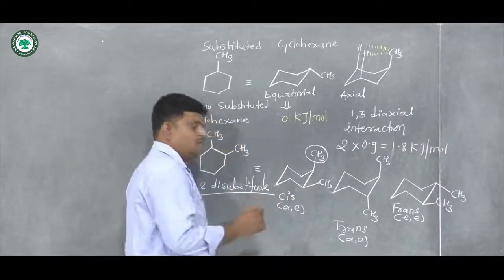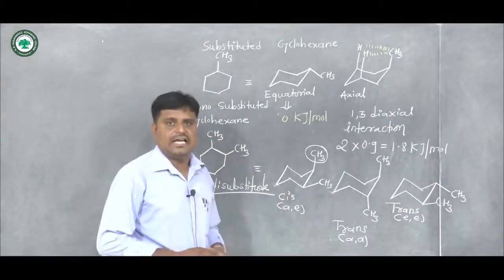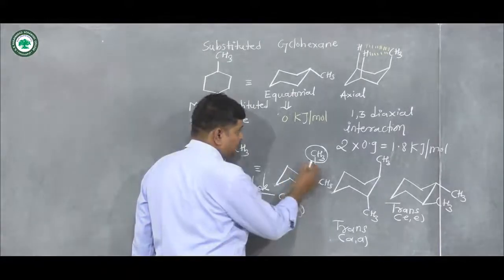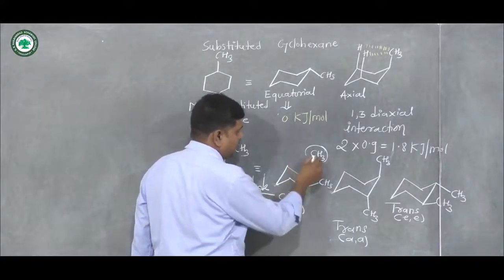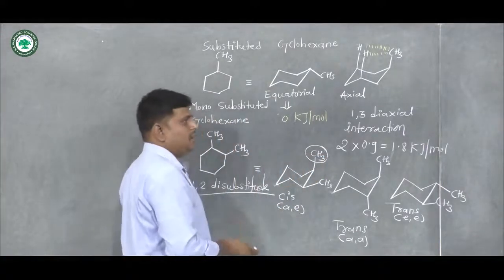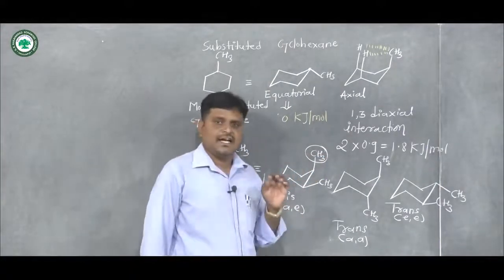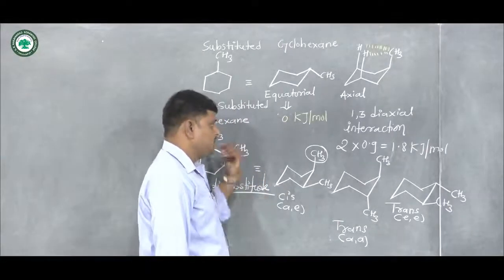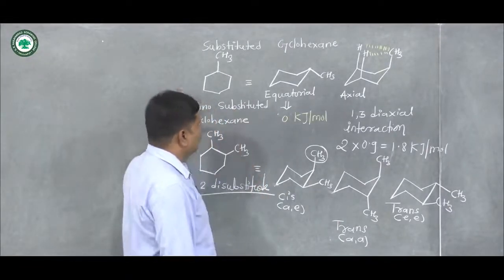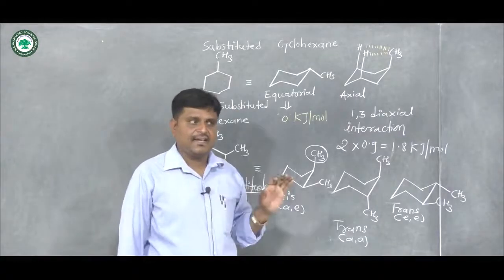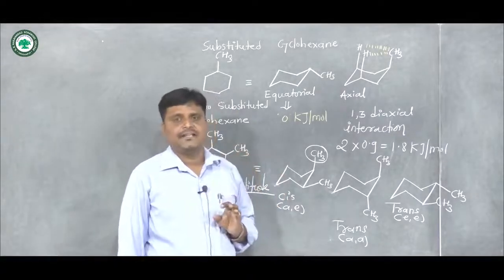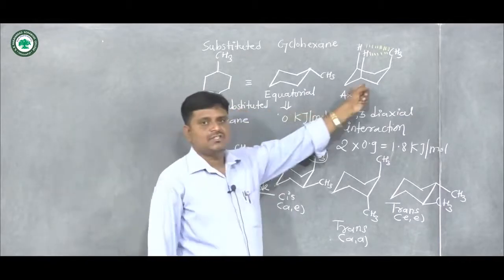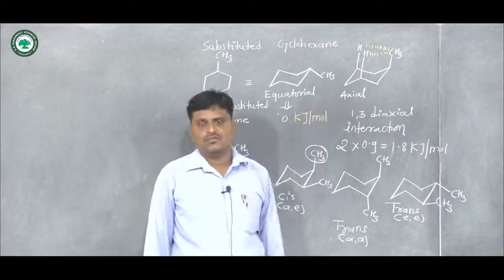So we try to write its energy calculation. Here this cis contains one methyl at equatorial and another one at axial. Okay, now as we saw earlier, in mono substituted cyclohexane, when one methyl is present on the axial bond, at that time it gives 1.8 kilojoules.